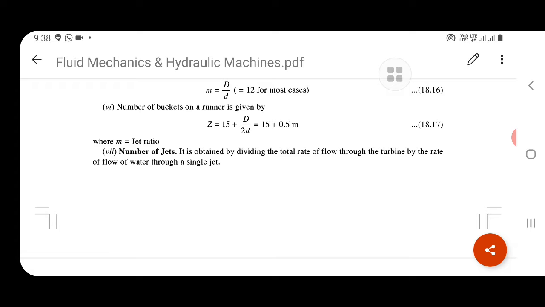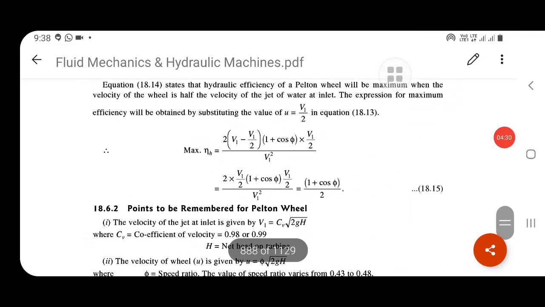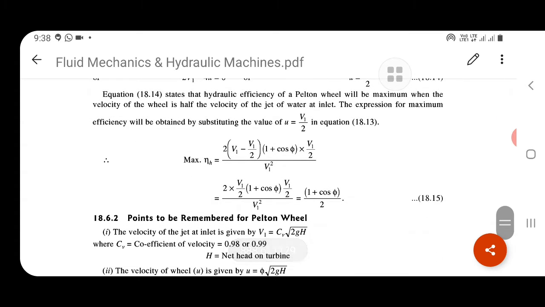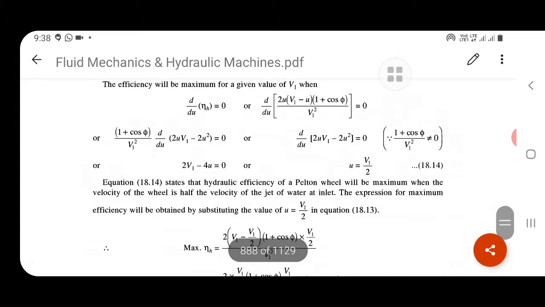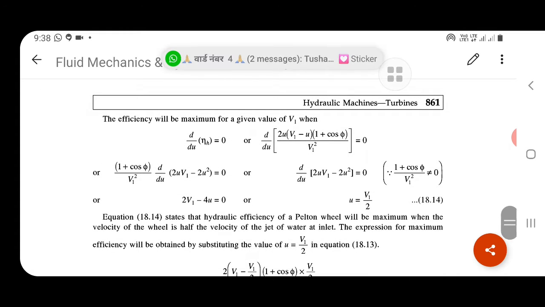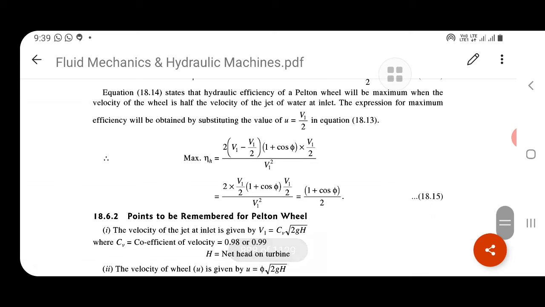Again we see the maximum efficiency, how to obtain it. The question asked in the exam is, show that the maximum efficiency of a Pelton wheel turbine is 1 plus cos phi upon 2.